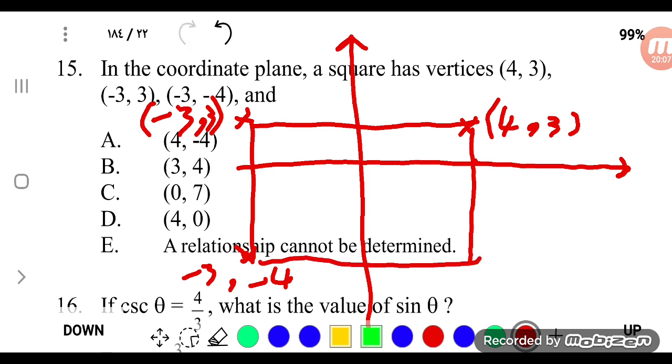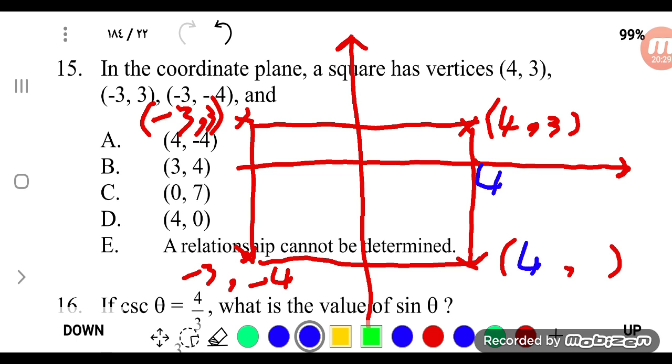But our question is to find this point here. Clearly, since the x here is 4, this means the x here is 4.